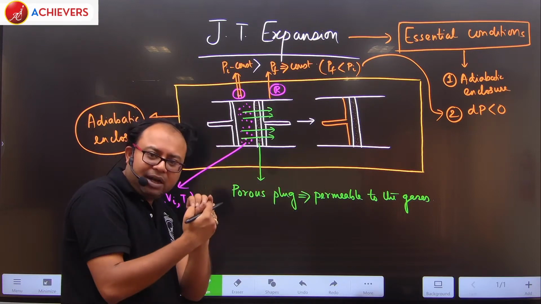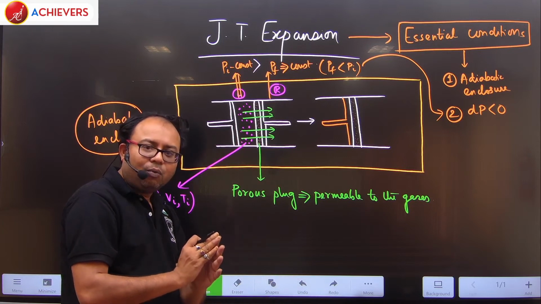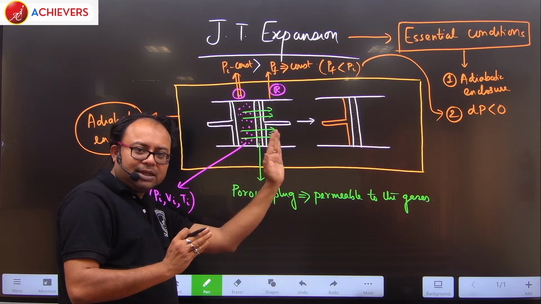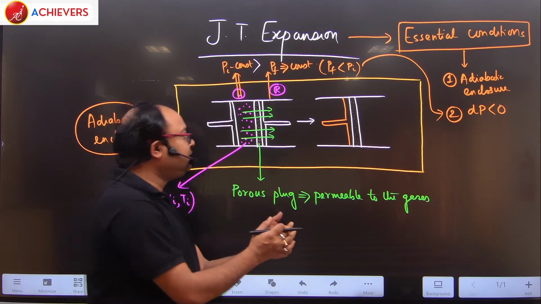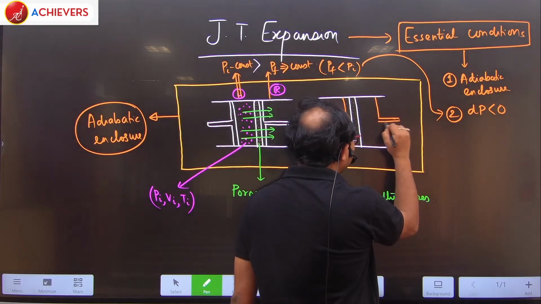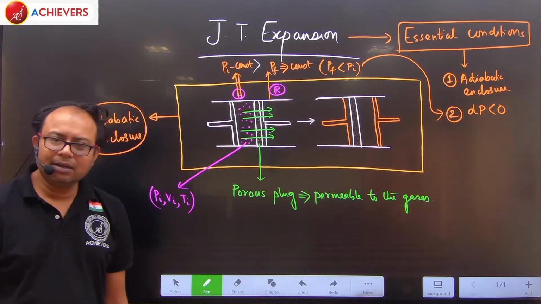So after this process has got executed, what will the picture look like? Now the left hand piston comes in contact with the porous plug, and the right hand piston will move away from the porous plug, because now the gas is going to get accumulated in the right hand compartment.